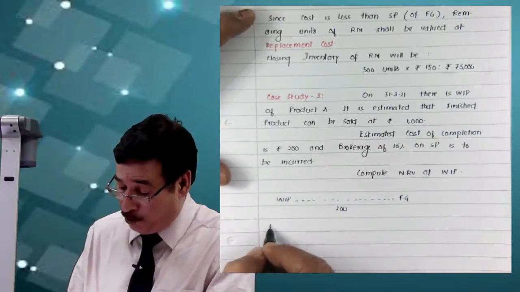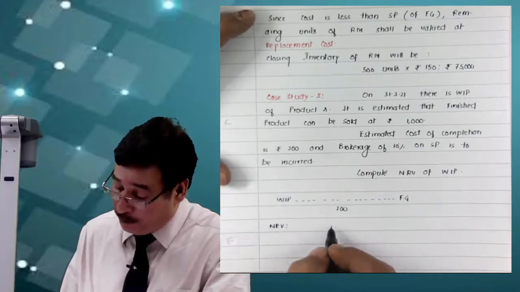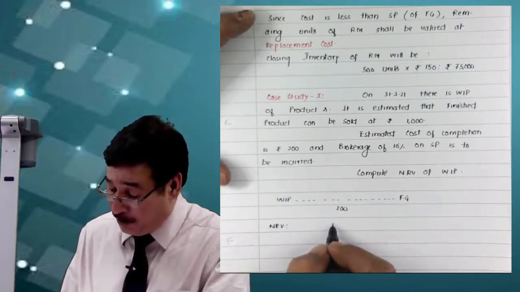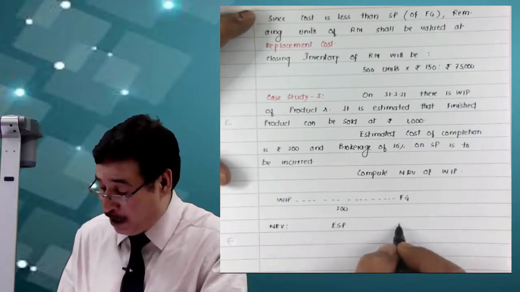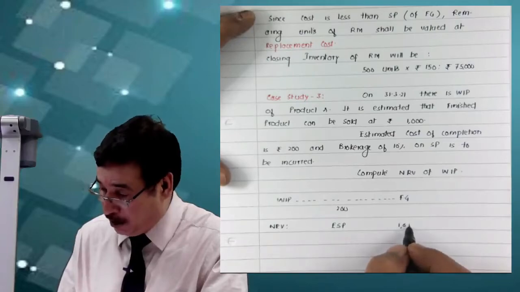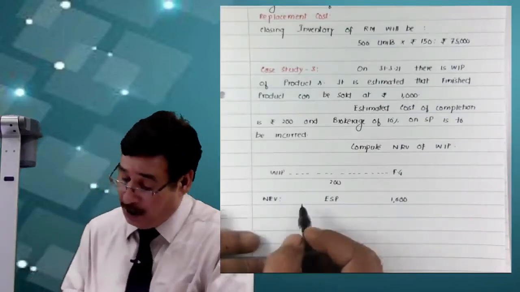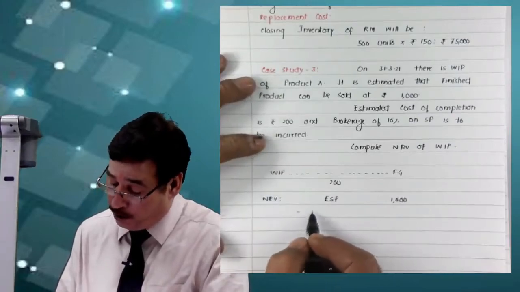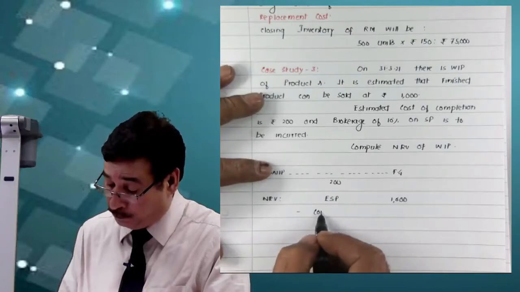So while computing NRV, in case of work in progress, we will write the estimated selling price, which is given, ESP, estimated selling price is 1000. And from here on, we are going to subtract, as I said, conversion cost.